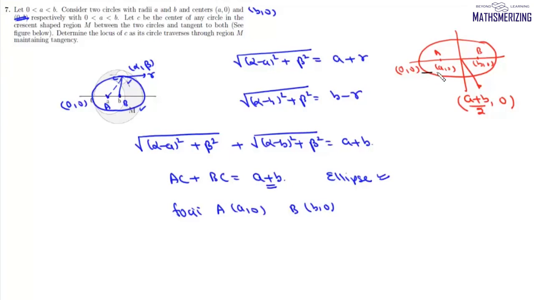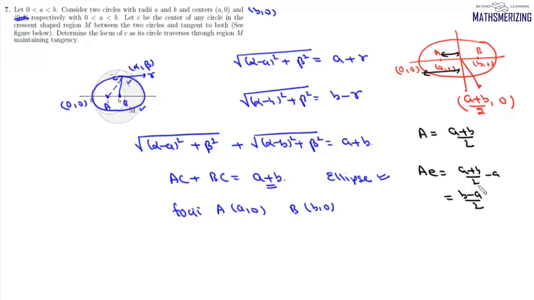Now the distance of the vertex from the center is A. So if we write A, it will be simply (a+b)/2, and the distance between the center and one of the foci will be A times E. So A times E will be (a+b)/2 minus a, which is (b-a)/2.